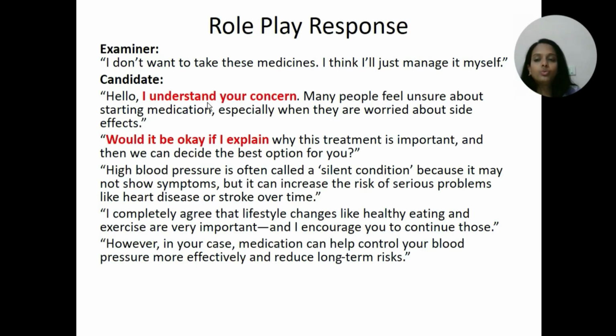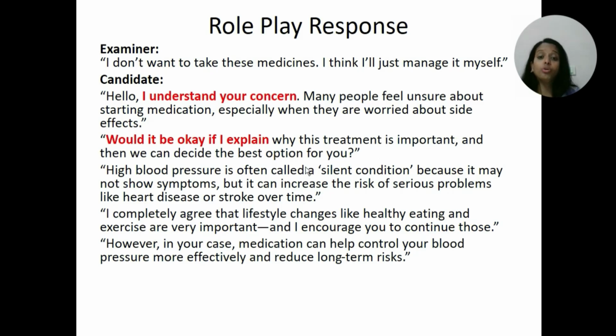Patient: I don't want to take these medicines. I think I'll just manage it myself. Doctor: Hello, I understand your concern. Many people feel unsure about starting medication, especially when they are worried about side effects. Would it be okay if I explain why this treatment is important and then we can decide the best option for you?